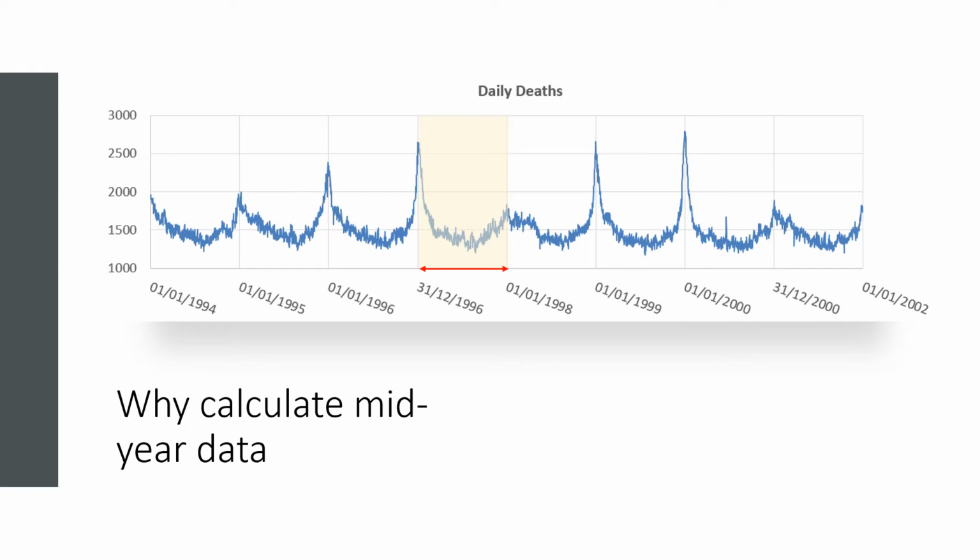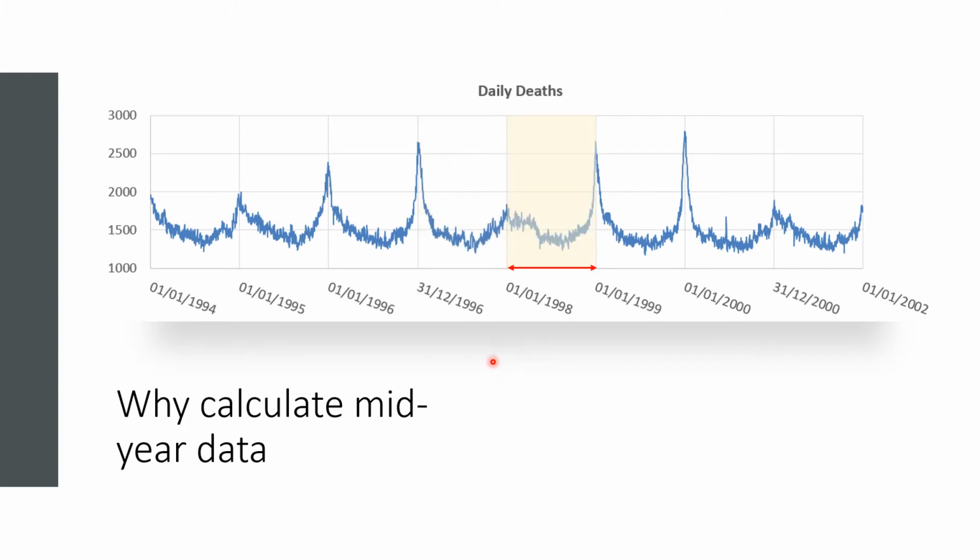The reason for doing this is that mortality in England and Wales, the data we're going to use, shows quite a strong seasonal behaviour. So for example, if we look at the year 1997 began with daily mortality over 2,500 per day, which dropped down in the summer months to below 1,500 per day and then rose again towards the end of 1997.